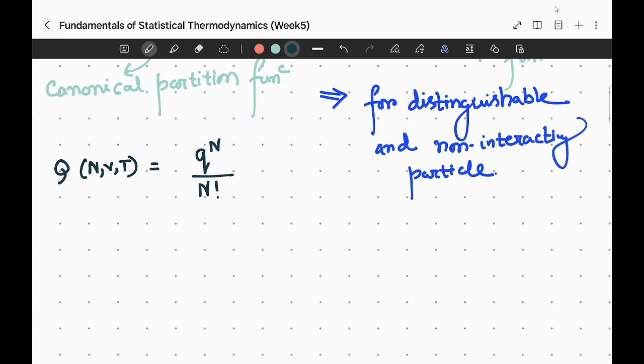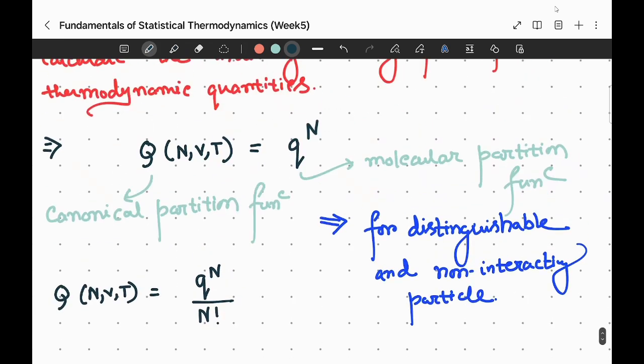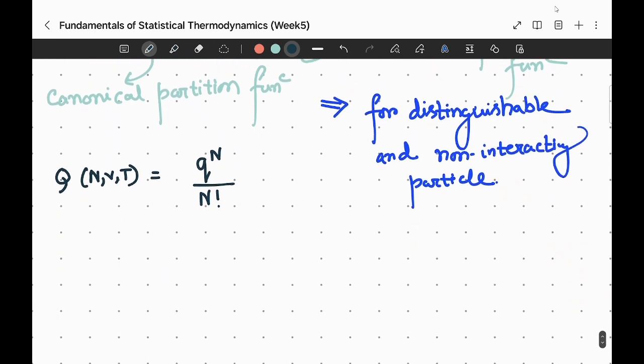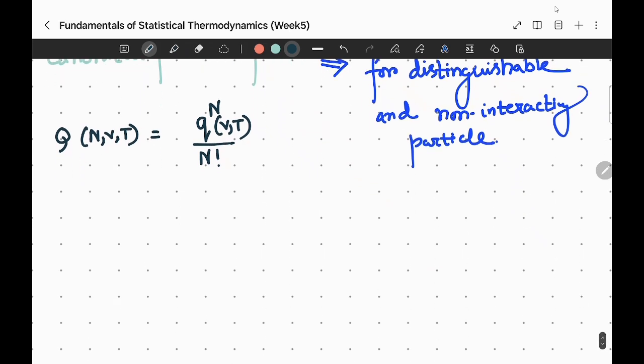Because if you look at the assumption, one thing you can also write is this small q. What will be the variables, V and T? Because Q is a function of N, V, T and you have taken care of N here, obviously the small q should be a function of V and T. You know this thing, right? Yes. And if I ask how this q is a function of V and T, how can you answer this?